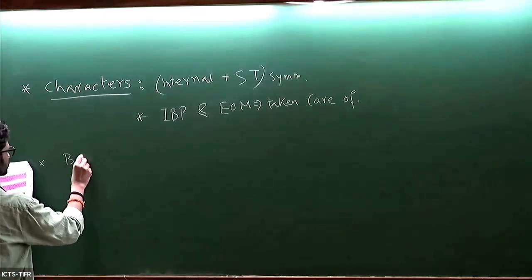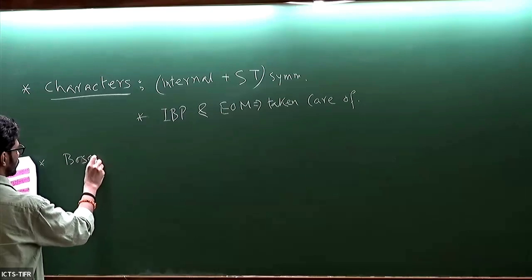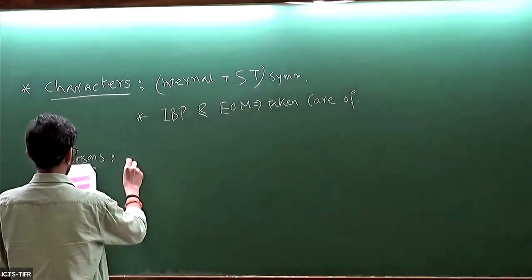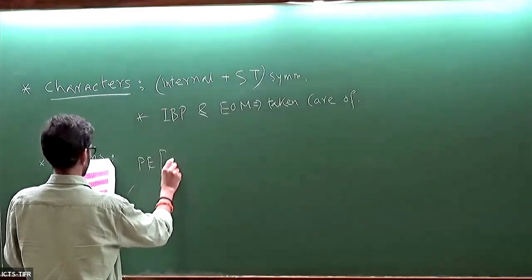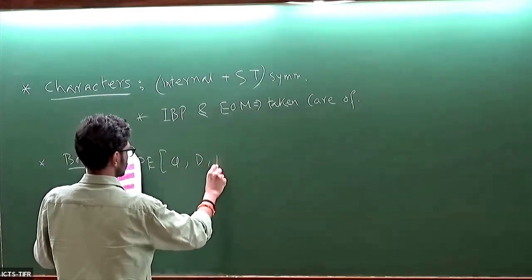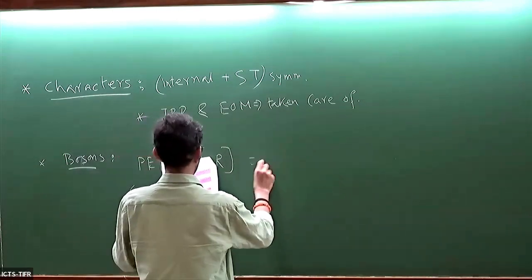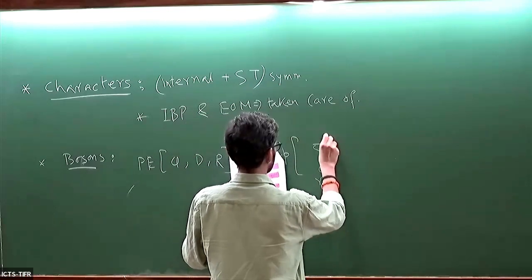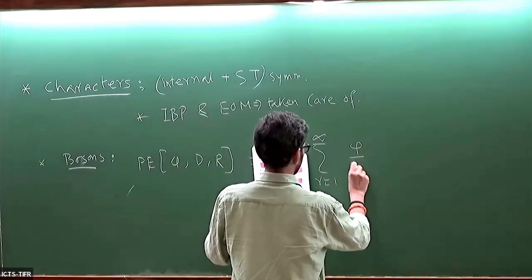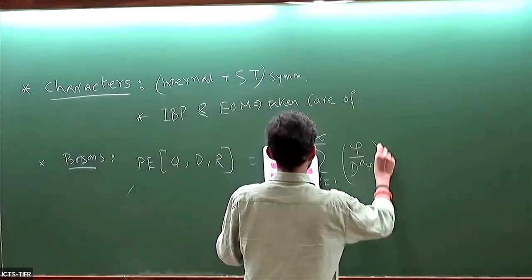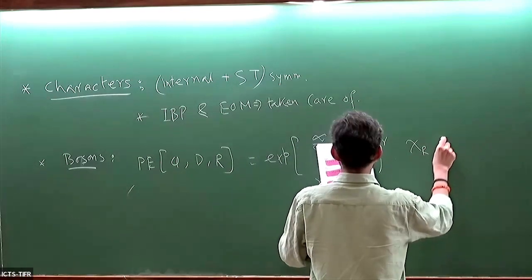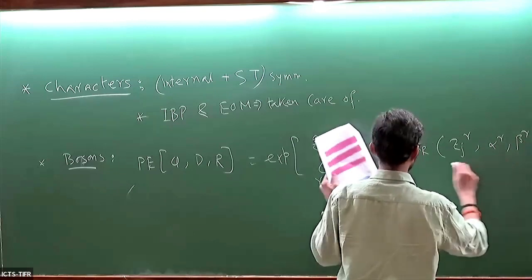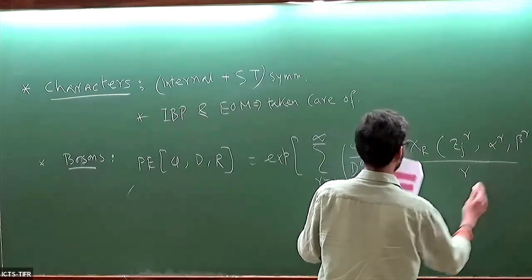So for bosons, my plethystic will be phi, D, and r: the exponential of the sum over r equal to 1 to infinity of phi over D to the power del phi to the power r, times chi r h r, right?